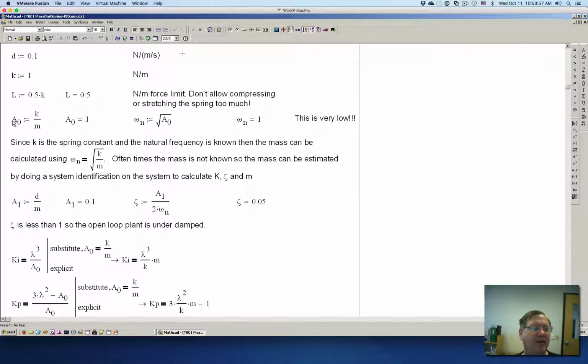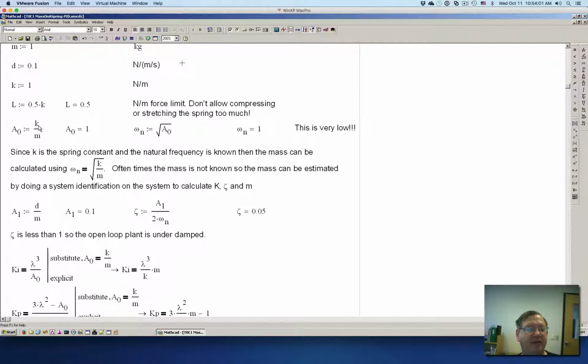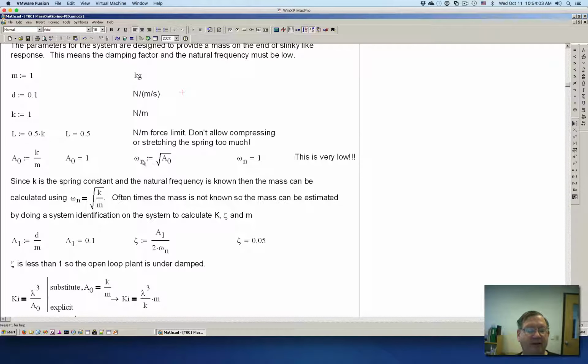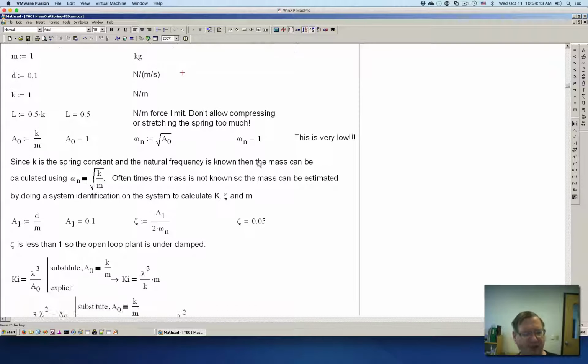Now, A0 is the spring constant divided by the mass. The natural frequency is the square root of A0, so I have a natural frequency of 1 radian per second. That's extremely low, less than 1/6 of a hertz.